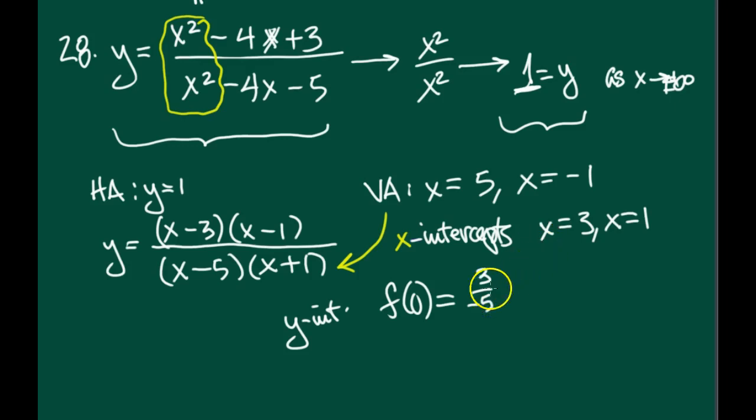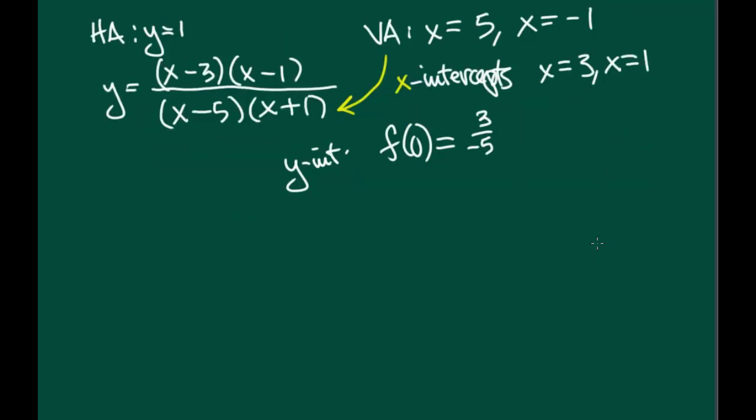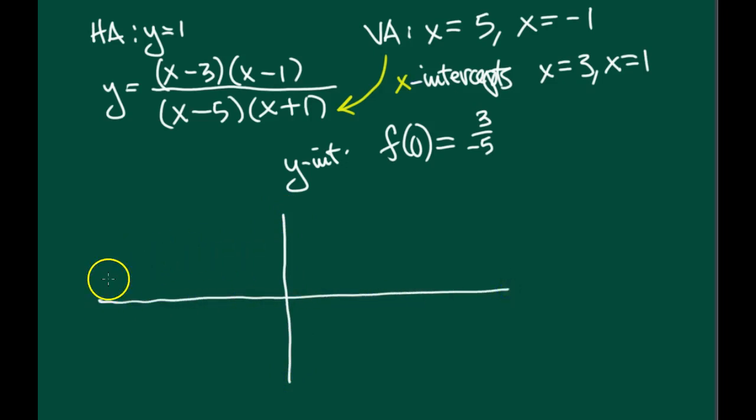Okay, let's work with all of these facts to make a drawing. So, I have a horizontal asymptote at y equals 1.